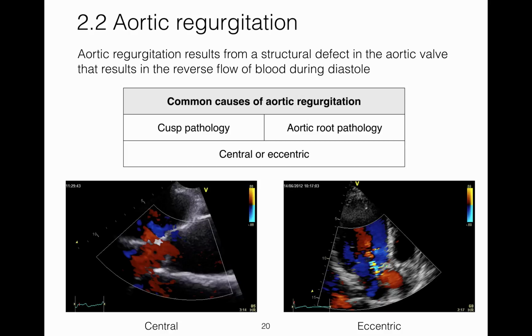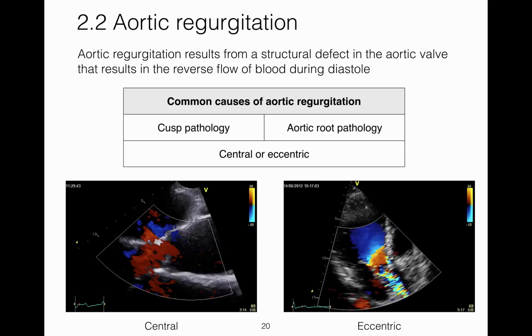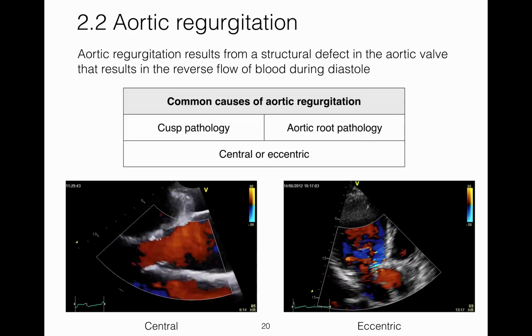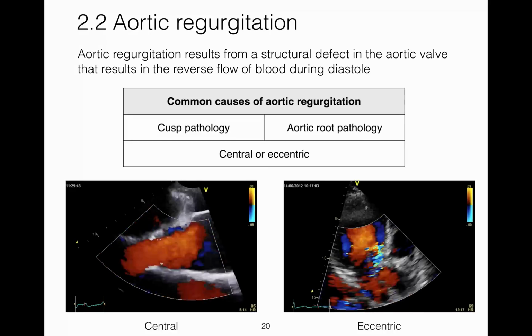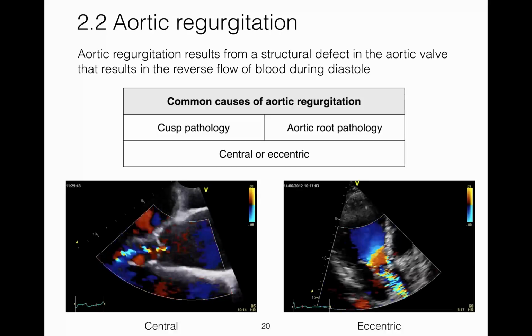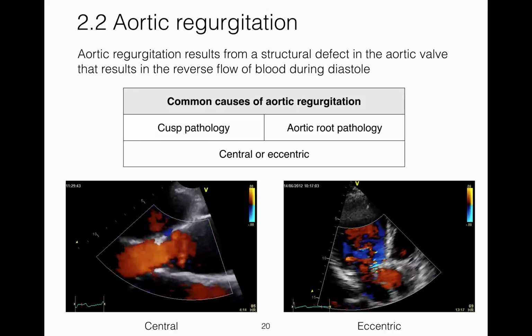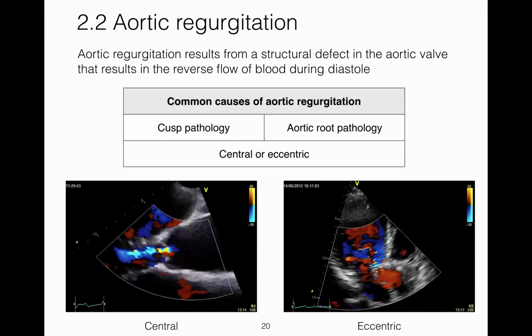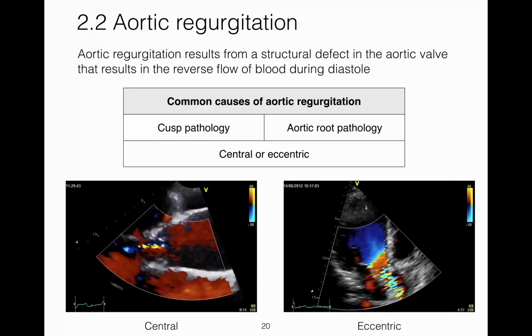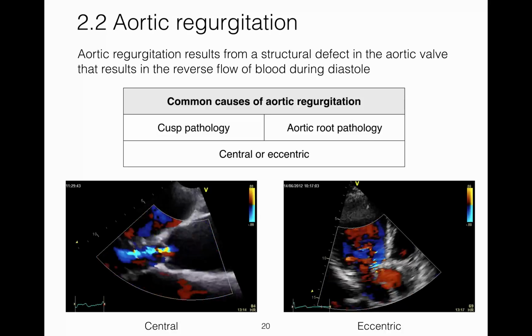Aortic regurgitation may be central or eccentric. The image on the left of this slide shows central aortic regurgitation due to aortic root and ascending aorta dilatation. The image on the right shows eccentric aortic regurgitation due to valve calcification.